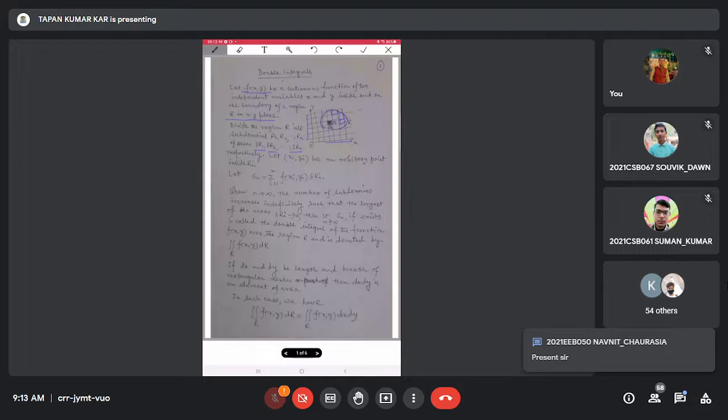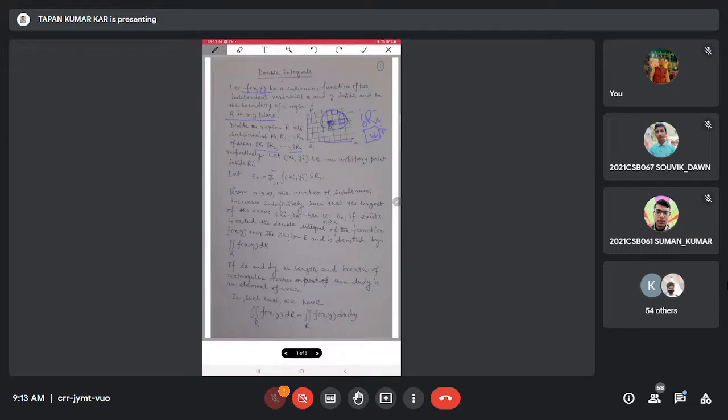Let us consider one general subdomain, and call its area delta Ri. Let us take any point in this subdomain as (xi, yi).